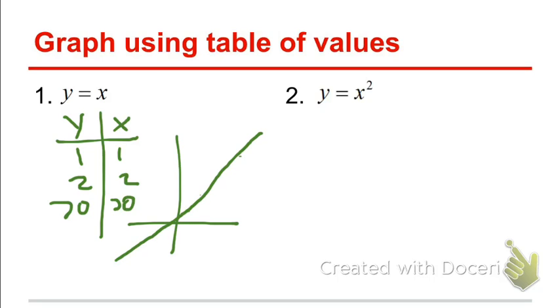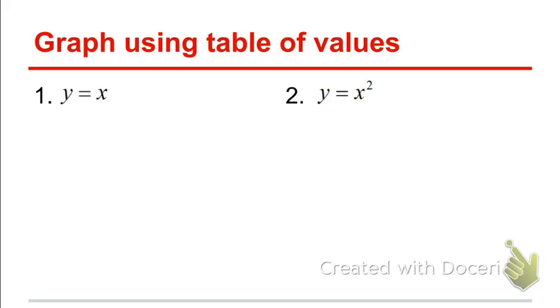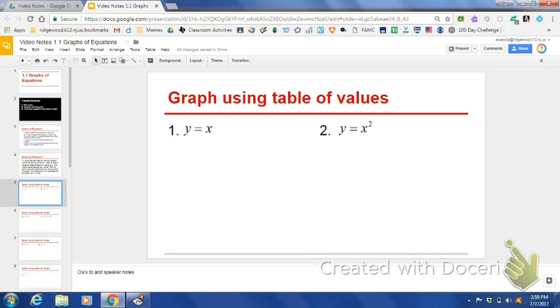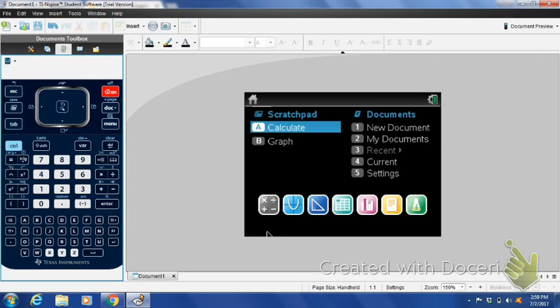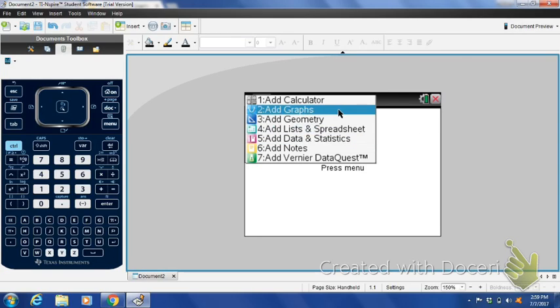Alright, pretty primitive way of graphing. So I want to show you how to do that on a graphing calculator, how to make a table of values and also a graph. So if we open up our TI Inspires, you gotta go to the home screen, make a new document, and add a graph.